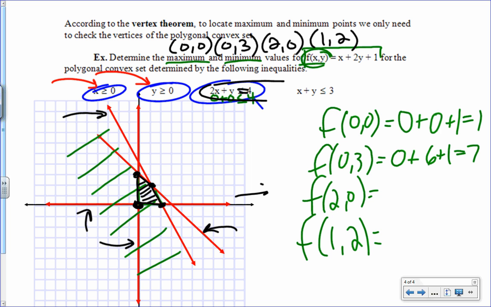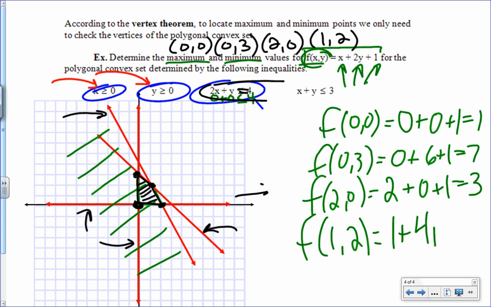f of 2, 0. So 2 plus 2 times 0 is 0, plus 1, so 2 plus 0 plus 1 is 3. And then 1, 2. 1 plus 2 times 2, which is 4, plus 1, so 1 plus 4 plus 1 is 6.